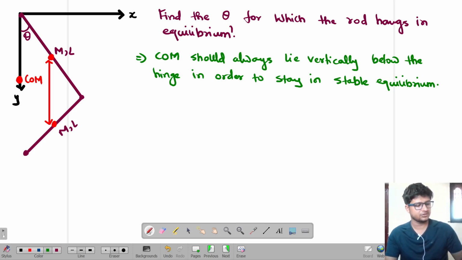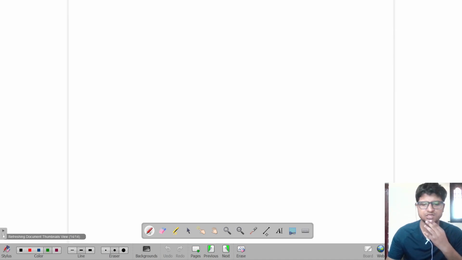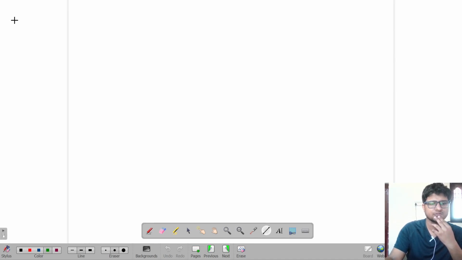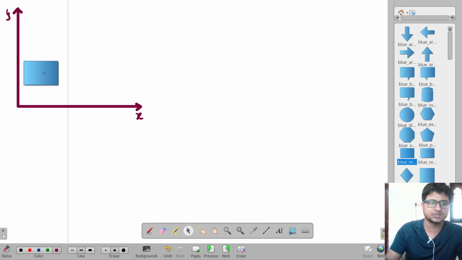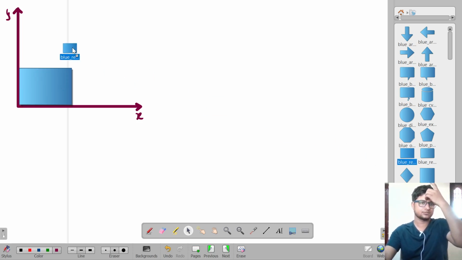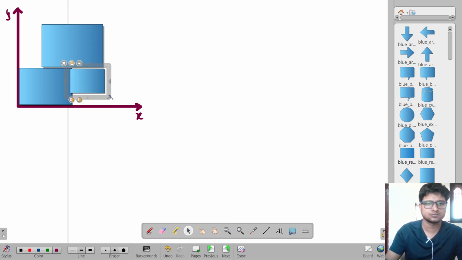But before that, without wasting time, let's suppose this is the y-axis and I placed 4 square plates. Or let us place 3 square plates.